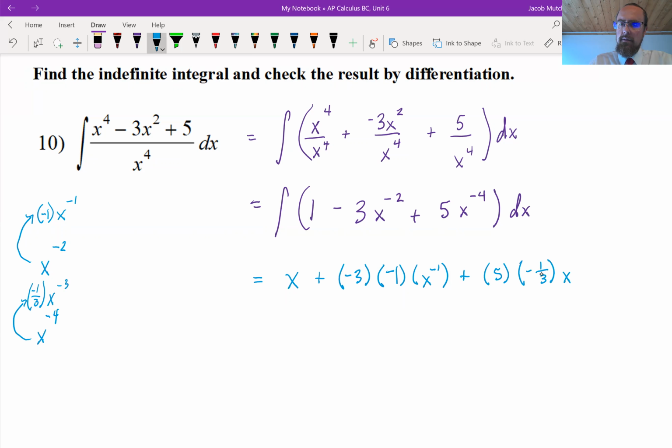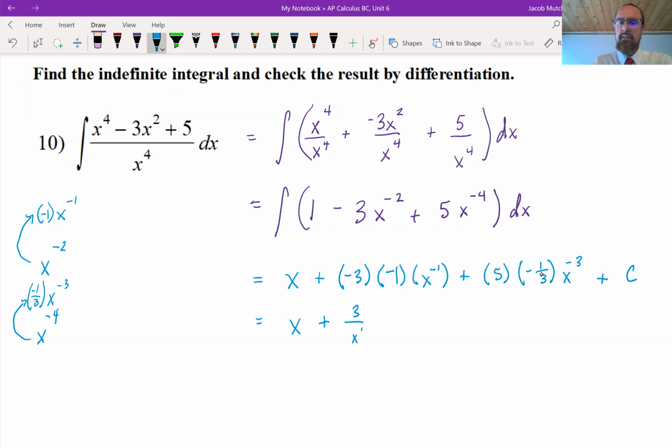And that concludes the initial integration. I do need to include my constant of integration there, plus c. And we can clean this up now. So I am going to convert these back to rational expressions with a positive power on x. So it's going to be just x minus, plus, those minus signs are going to cancel, 3 over x to the power of positive 1.